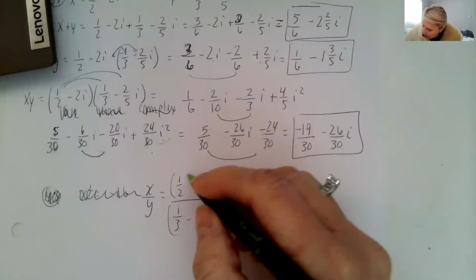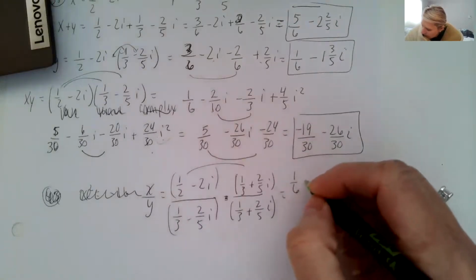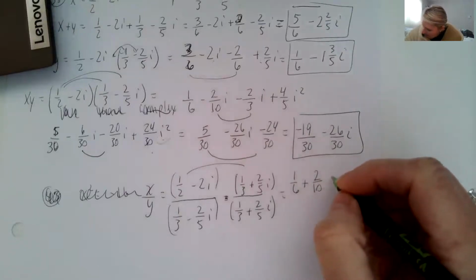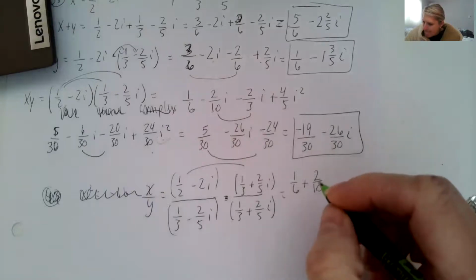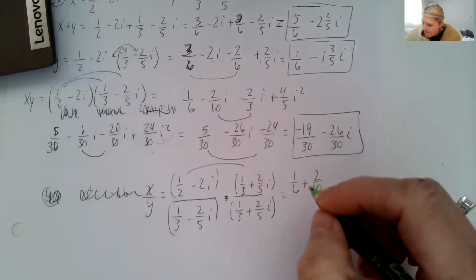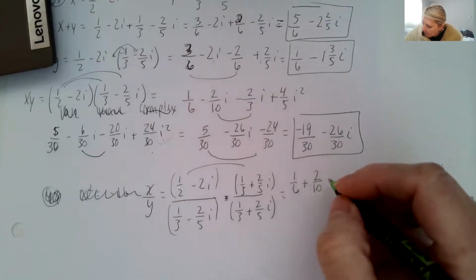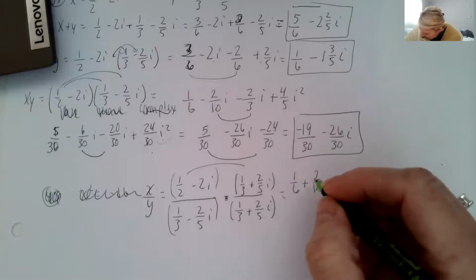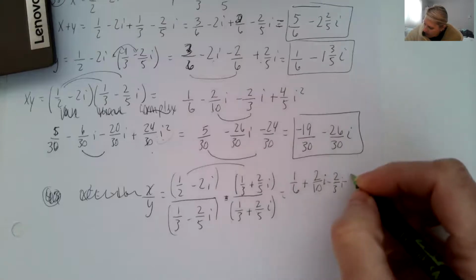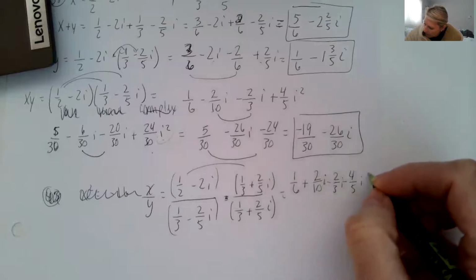So in the numerator, we get 1/6 plus 2/10 i minus 2/3 i minus 4/5 i squared.